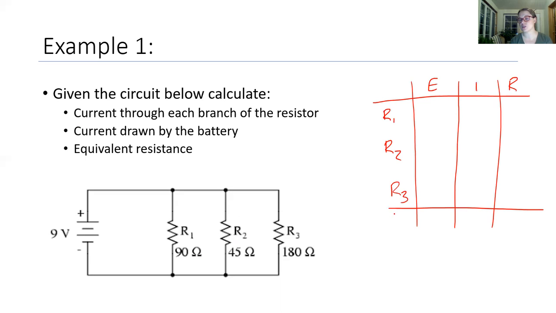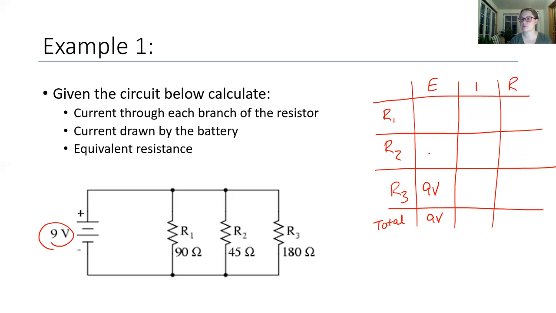And then we have our total, or our source. I always think of it as total, because it is a version of summing. So we know the voltage is the same. The voltage of the source is 9 volts, so the voltage across this battery, across this resistor, and this resistor has to be 9 volts.